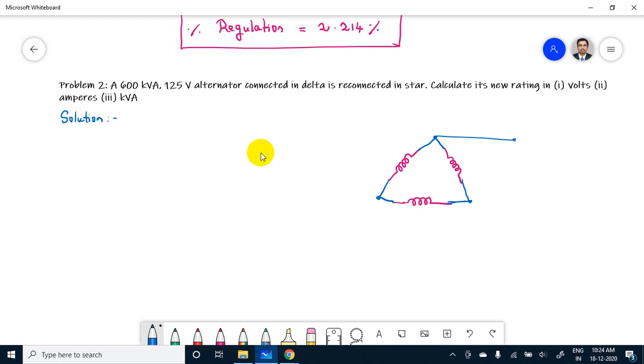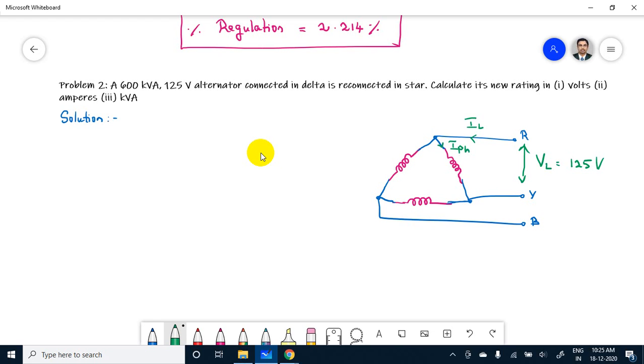So this is R phase, Y, this is B phase. Now here they are applying the line voltage VL equal to 125 volt, and when you apply the voltage, the current that flows is the line current, but in the winding the current that flows will be the phase current.